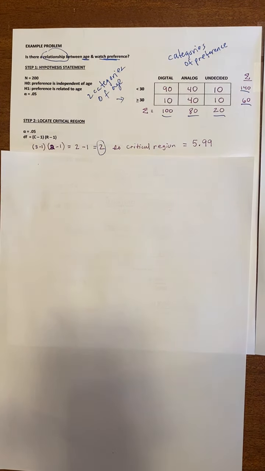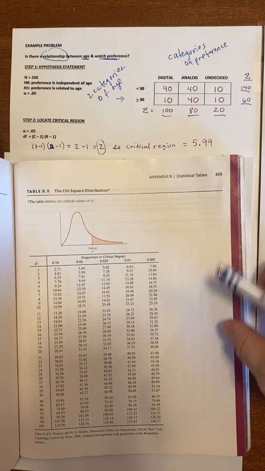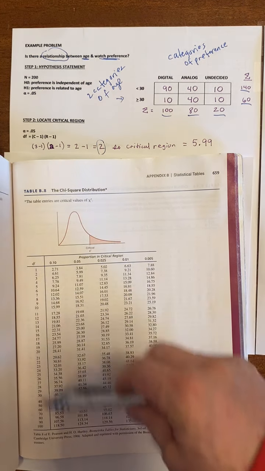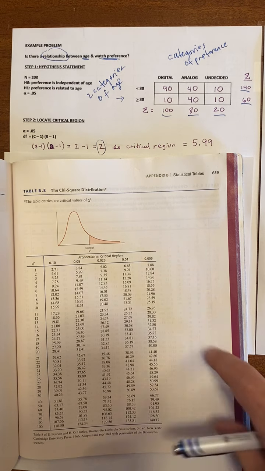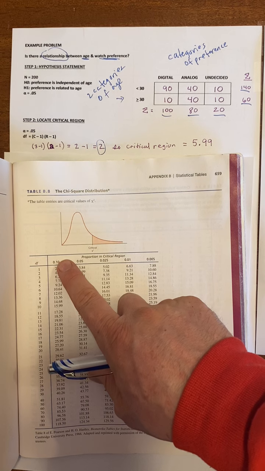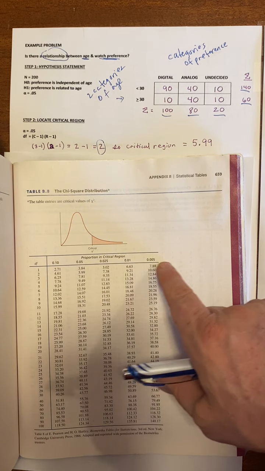And in terms of our degrees of freedom, by the way, when you go to do this, you're going to go look this up at a chi-square table in your book. It's on page 659. But the table works pretty much the same way that it's been working all semester long. Now it's just for chi-square. At the top, you have the different significant level values, right?